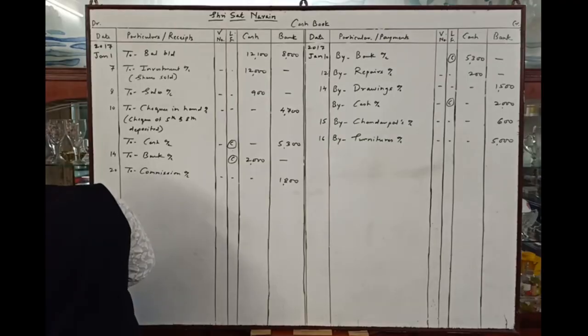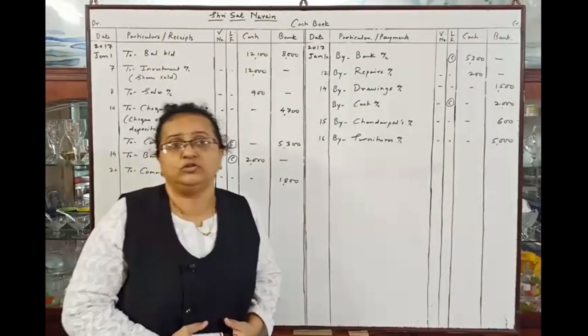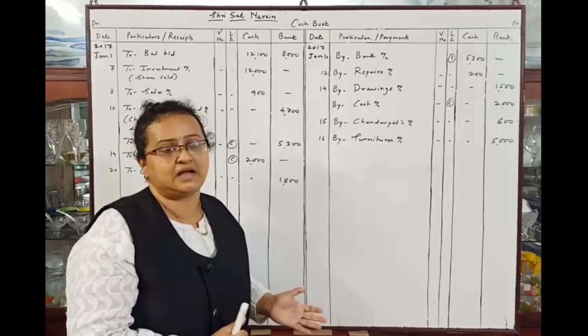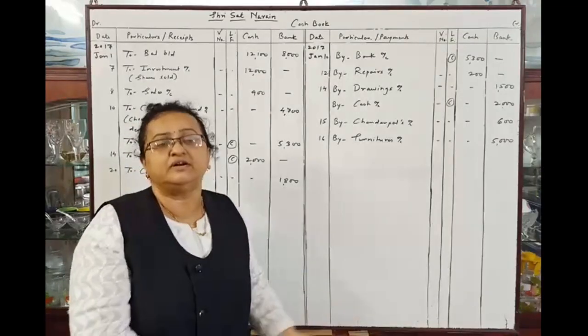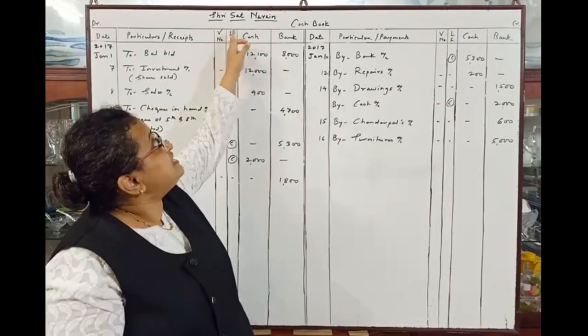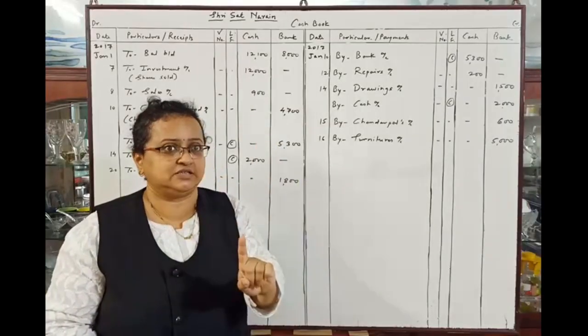ऑन 20th January rent paid by check on personal account of Satnaren. Rent paid by check on personal account means here from business account check has been given to pay the rent of Sri Satnaren, that is the owner. Okay, so this is drawings of the owner.